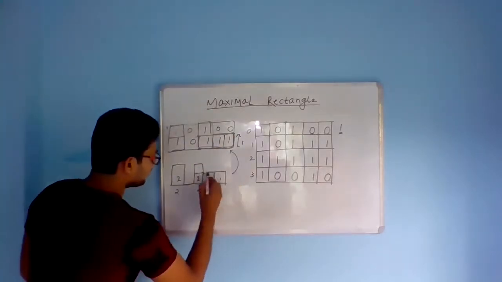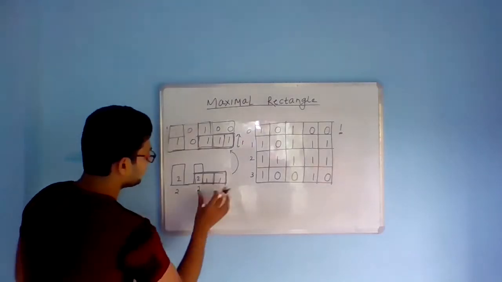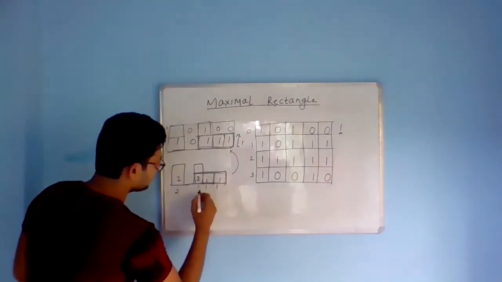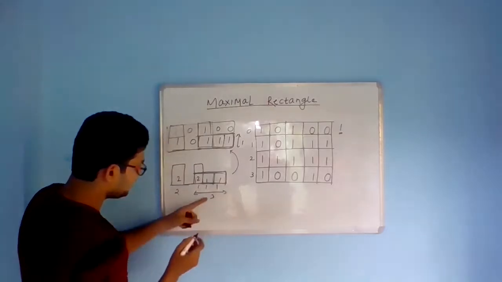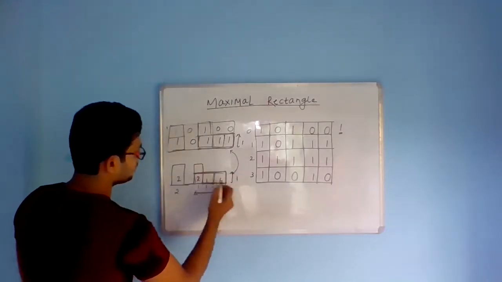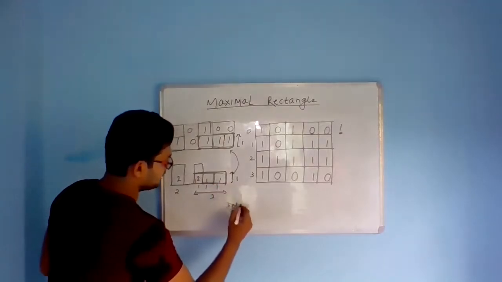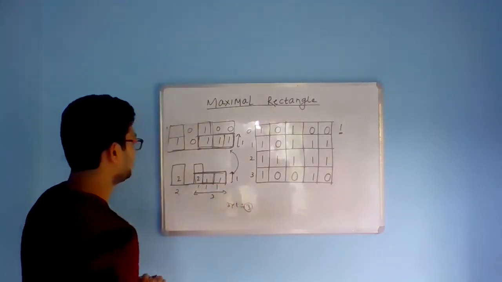If I extend and take this much area, it will give me 1 1 1, which has a width of 3 and a height of 1, as mentioned in the block. So the area will be 3, which is the largest one.